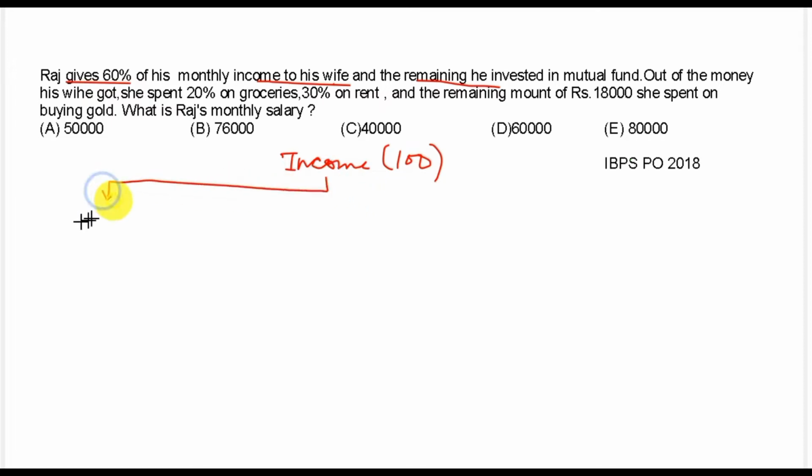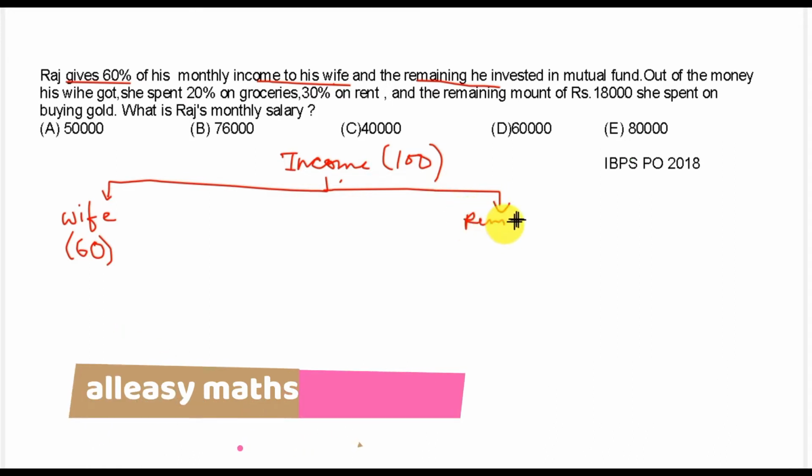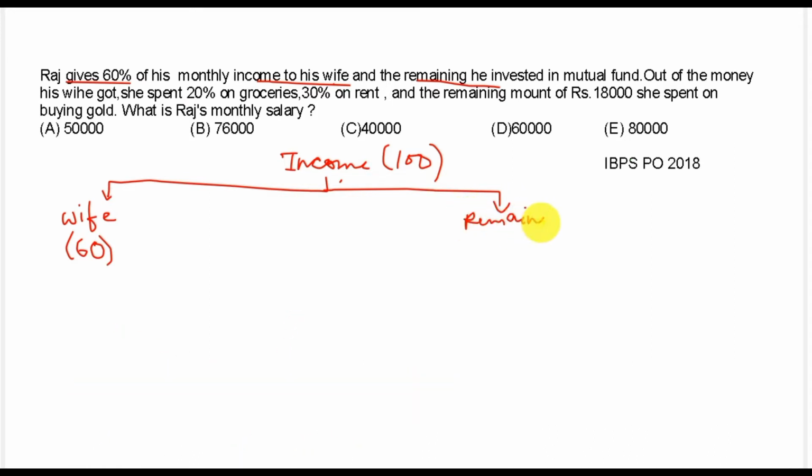From this income, how much amount does he give to his wife? 60, right? So if he gives 60, how much amount is remaining? The remaining amount is 40. Up to this is okay, and this remaining amount he invested in mutual fund. So I am writing it as MF.